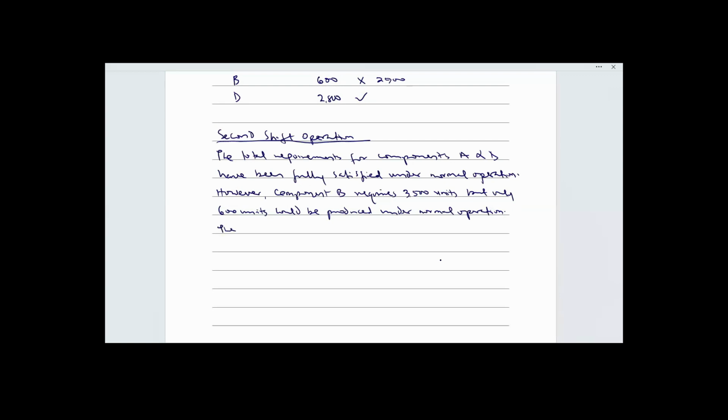Therefore, the balance of 2,900 units, that is 3,500 minus 600 units, will be produced on a second shift operation.